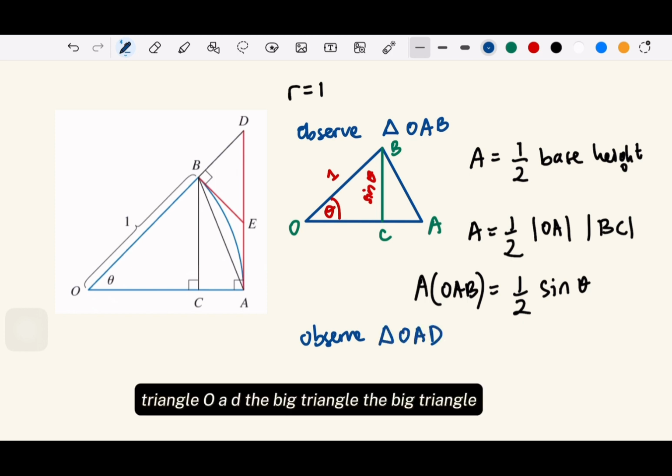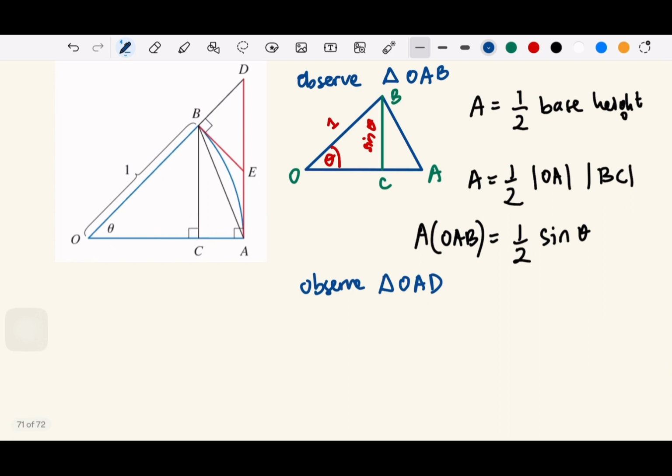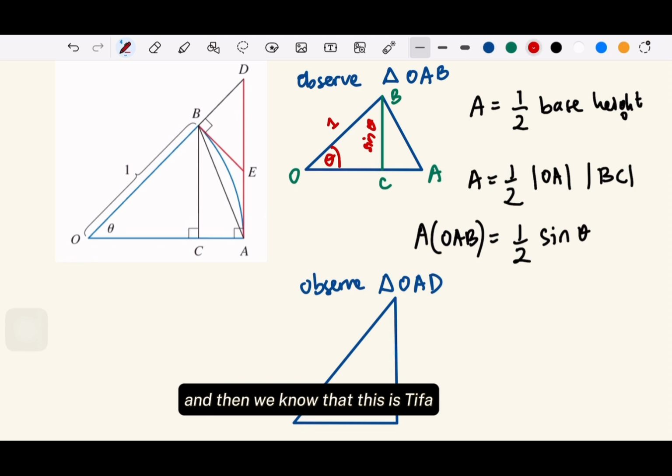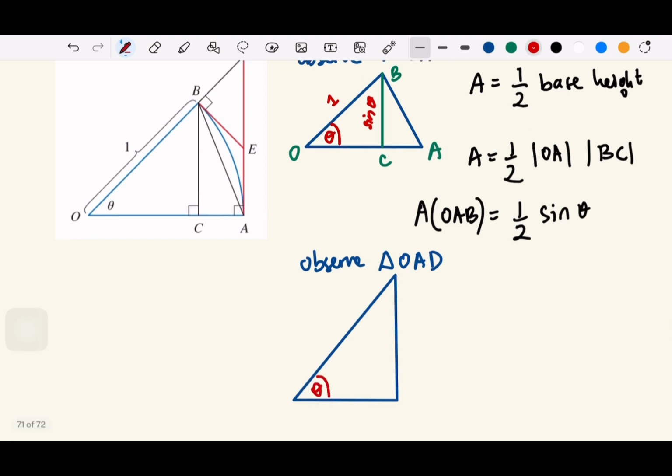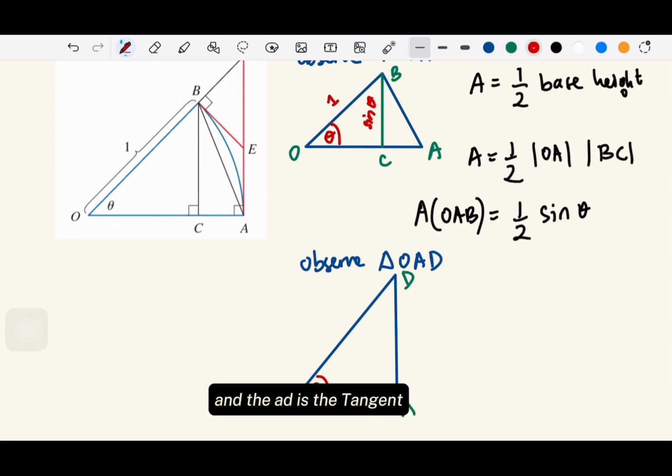And now observe triangle OAD, the big triangle. We know that this angle is theta. This is O, A, D, and AD is the tangent, tangent theta.